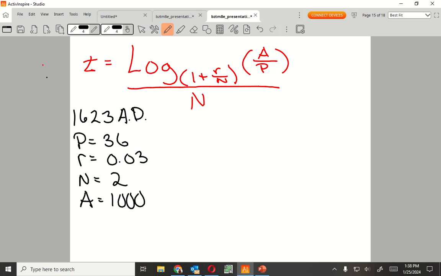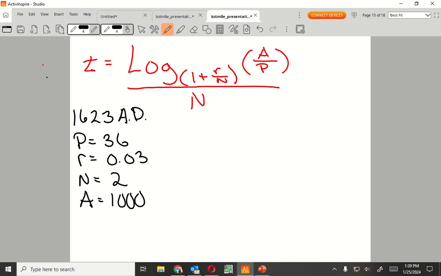Okay, you're starting with this year. So we're going back in time to this date here. We're going to put $36 into an account, and I want to know at what year do I jump forward to so my $36 is now $1,000. Okay, that's what we're trying to figure out.